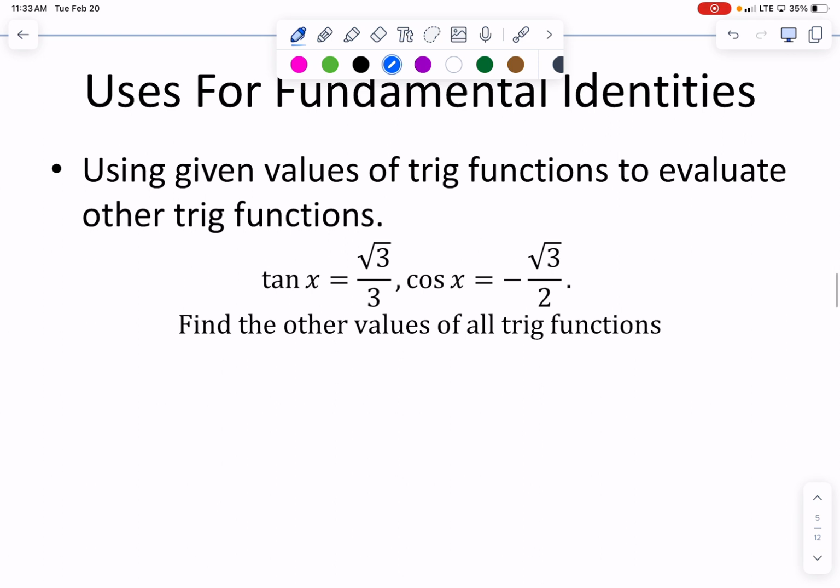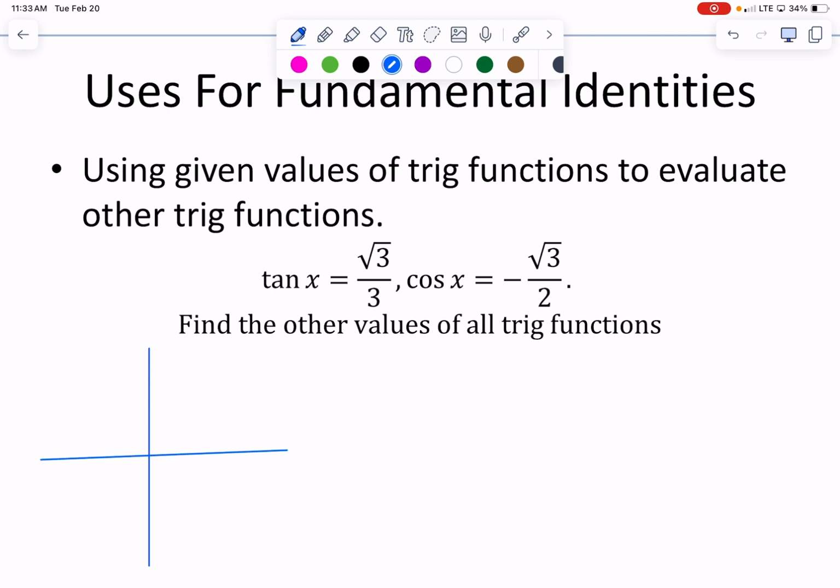Use the given values of the trig functions to evaluate other trig functions. So we've got tangent equals square root of 3/3, and cosine equals negative square root of 3/2. So I'm going to draw my coordinate plane. Which quadrant am I operating in?